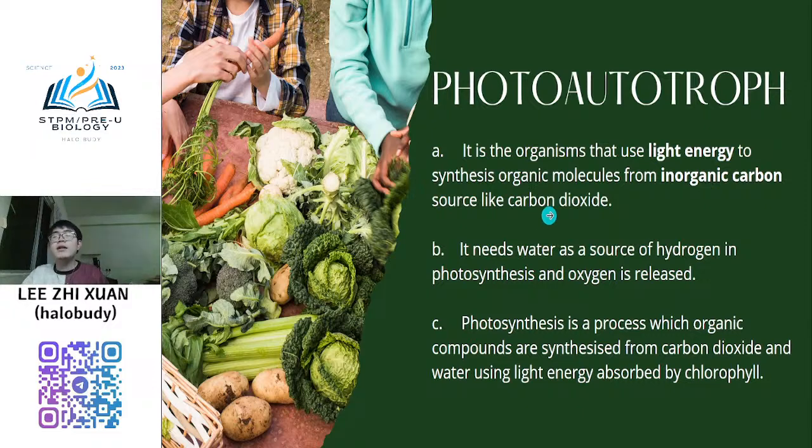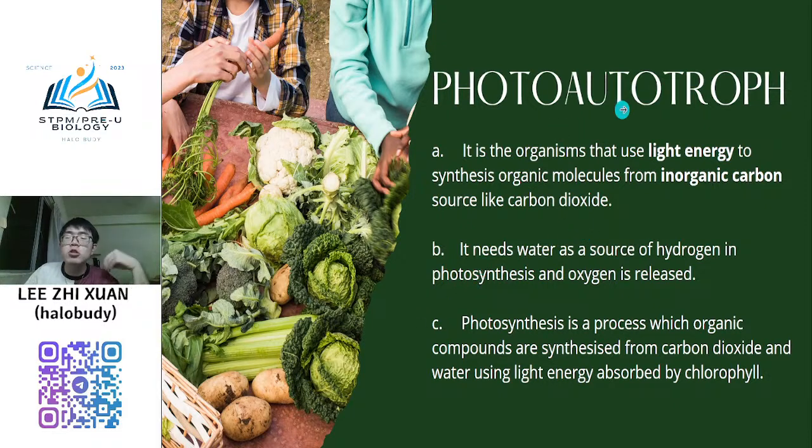For human, we obtain carbon sources from where? We obtain carbon sources from organic molecule, right? Glucose. And we obtain energy also from glucose. But for this photoautotroph, it is light energy only. The energy source is from light. Dia gunakan cahaya. And then the carbon source is carbon dioxide.